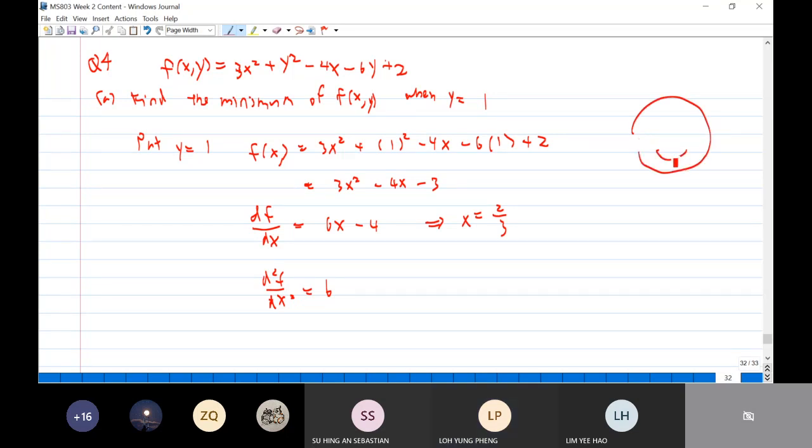Yes, because this one is minimal here. This is how people remember that this is minimal. Dy dx is 0, and then d2y dx squared is positive.